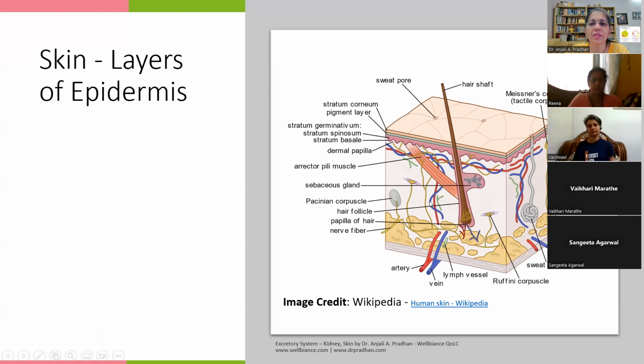Okay. So these are the nerves. They are present in the dermis. So dermis is the connective tissue. The cells of this dermis, they produce collagen. Collagen is the elastic tissue.